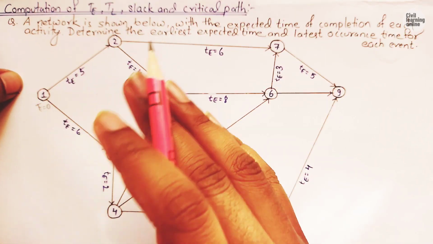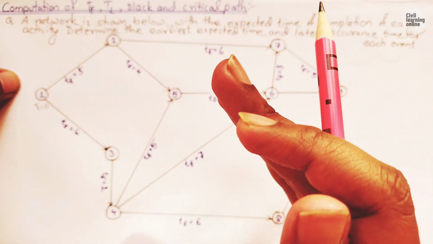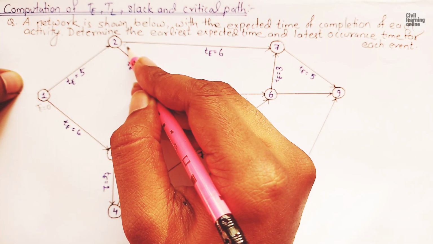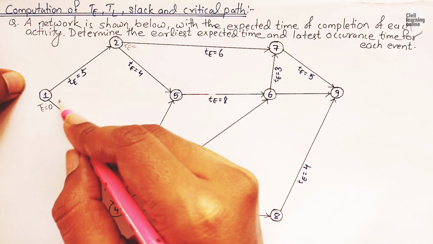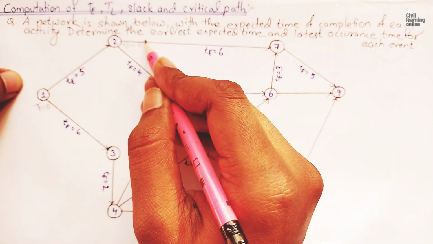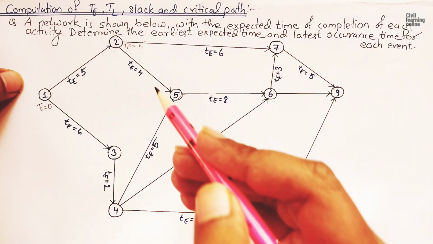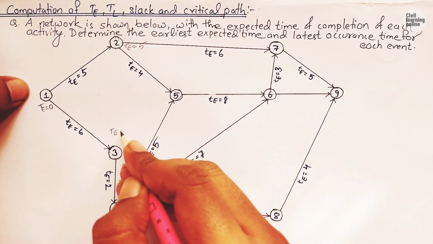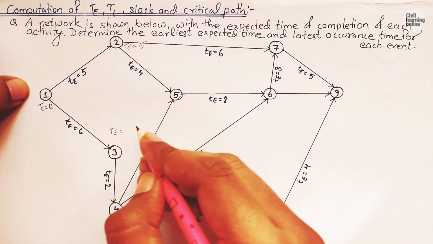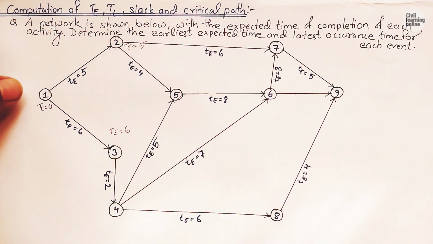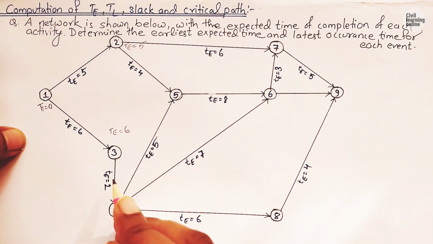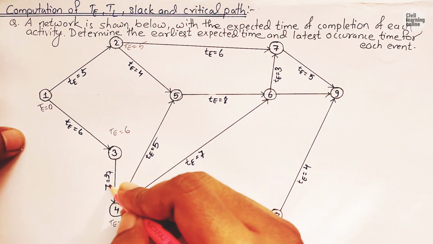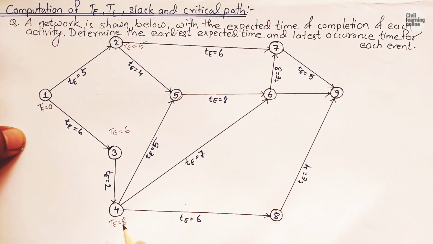Now we also know that TE of the successor event will be given by TE of event 2 equals 0 plus 5 equals 5. Similarly, TE of event 3 equals 0 plus 6 equals 6. Now TE of event 4 equals 6 plus 2 equals 8.